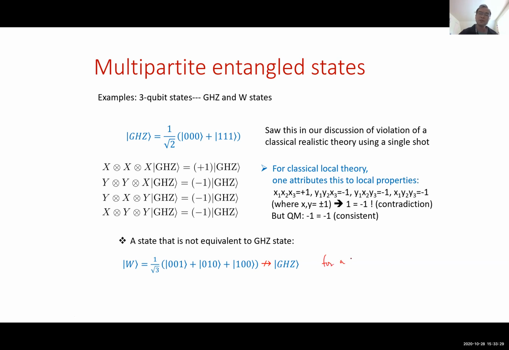For a single copy, W cannot be transformed into GHZ state. And in the multipartite case, if you consider more qubits, there are more inequivalent classes. And more interesting, this transformation cannot even be done probabilistically, not even probabilistically.